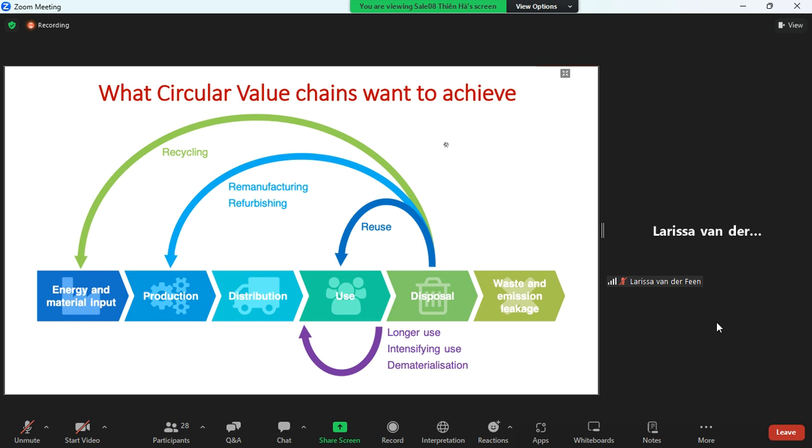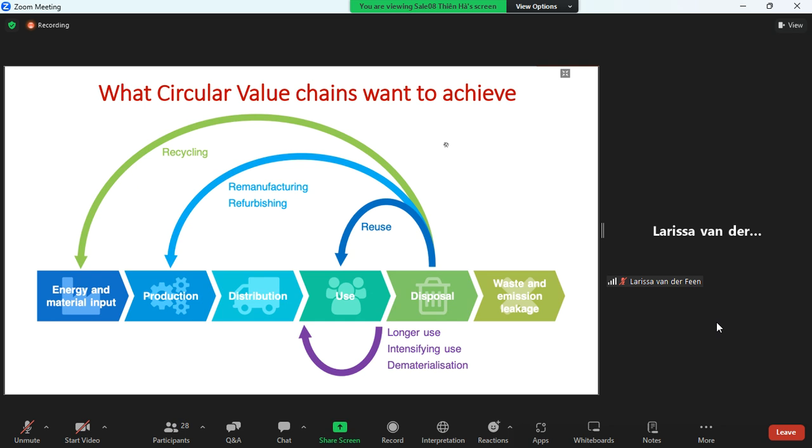If we look at the reuse phase, we can move back to the use by consumers. If we look at remanufacturing and refurbishing, we move back to production. And we also think about recycling from disposal back to the energy and material inputs.